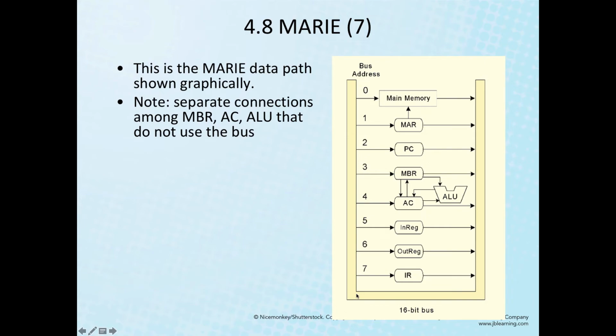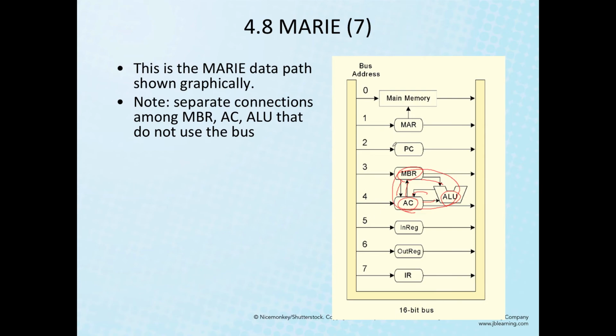So here is a picture of the data bus connections. The MBR, the memory buffer register, the accumulator, and the ALU have their own separate connections, so those three can communicate without using the main data bus. Other than those three, any communication has to use the main data bus.